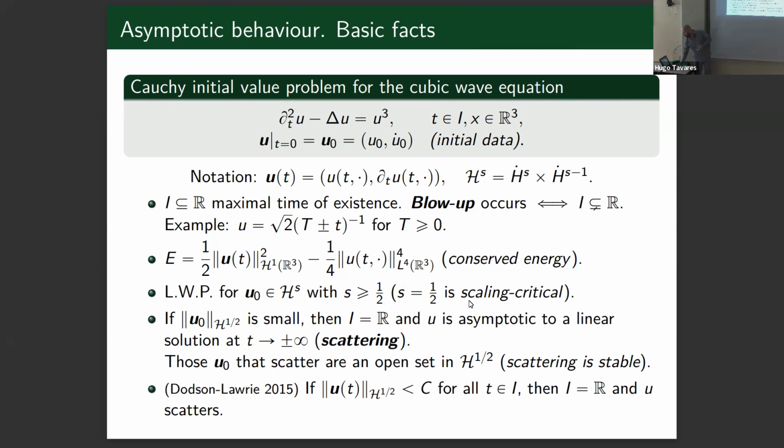Okay, so the cubic wave equation is this PDE that you can see here. Anyway, this is called the cubic wave equation. This is a semi-linear wave equation, which means you have a linear part, the ordinary wave equation, with a semi-linear perturbation.